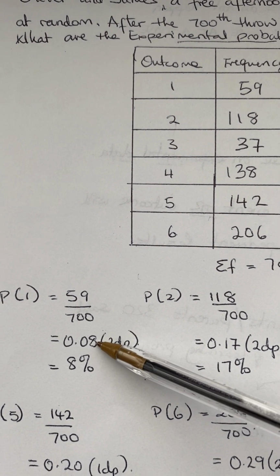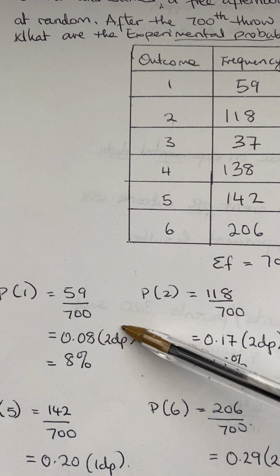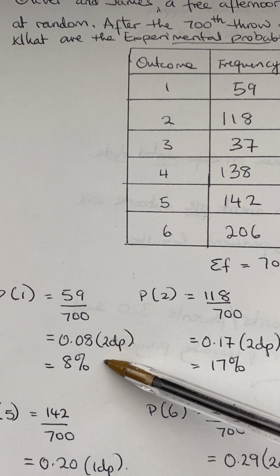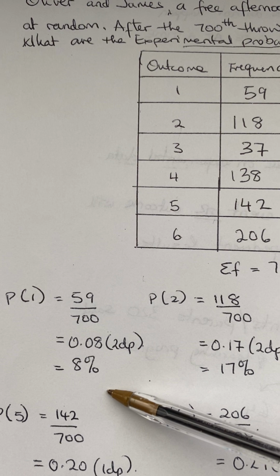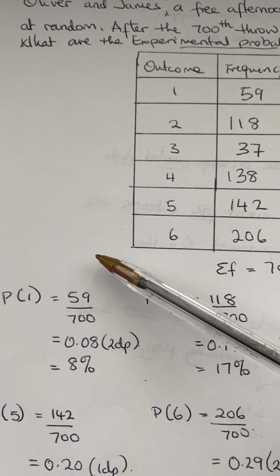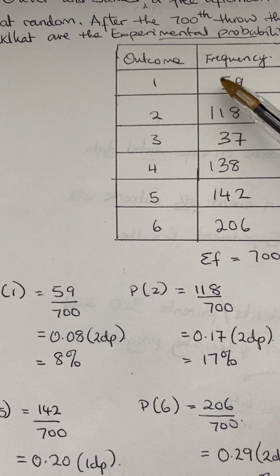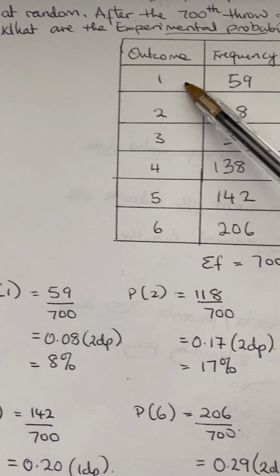When you use the calculator, you get 0.08 to 2 decimal places. Now, if you multiply by 100, you get 8%. So 8% of their throws were a 1. That is what it means.